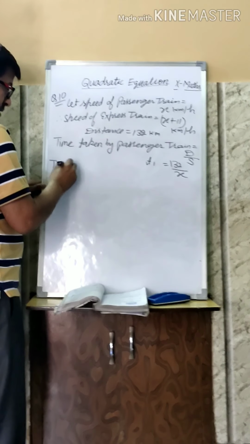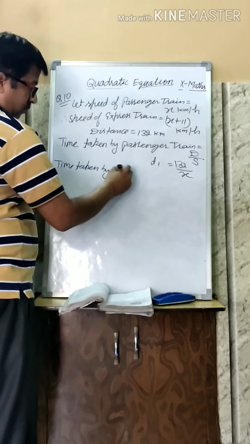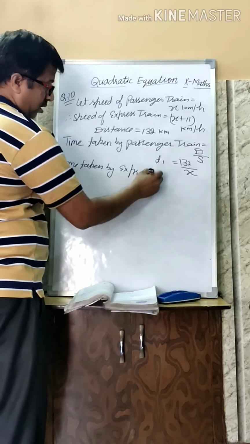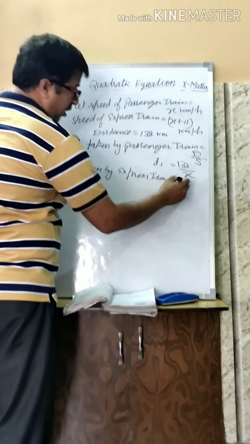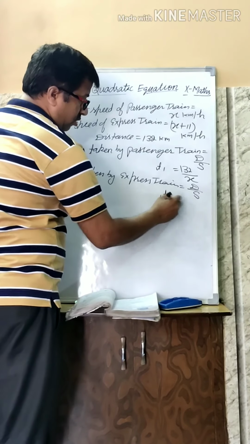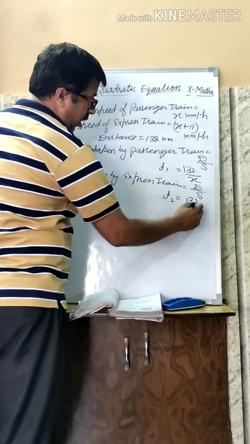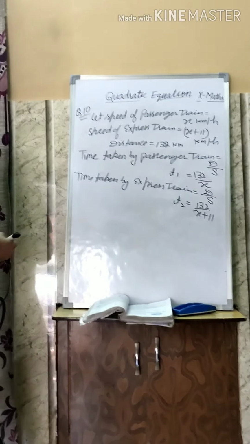Another is the time taken by the express train, again distance upon speed, this is t2, 132 upon x plus 11.